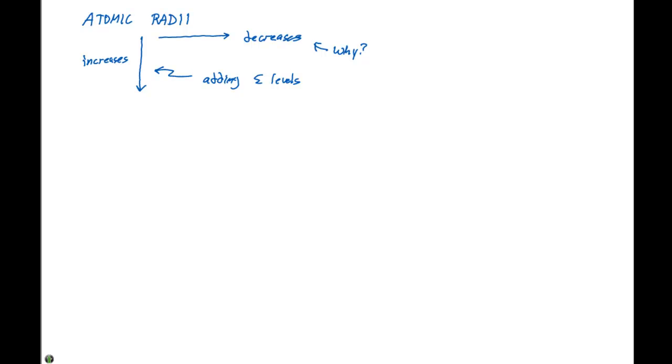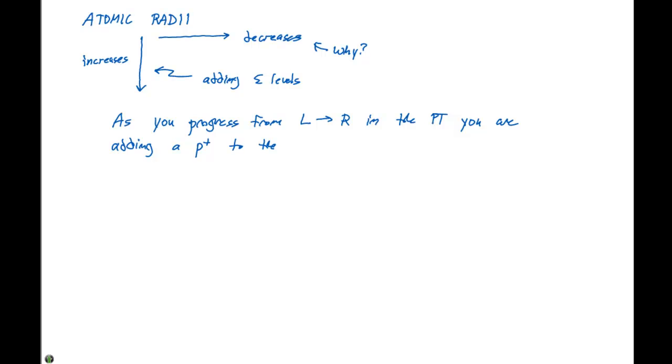So what we can say about that is the following. As you progress from left to right in the periodic table, you are adding a proton to the nucleus. But the inner core electrons remain the same.